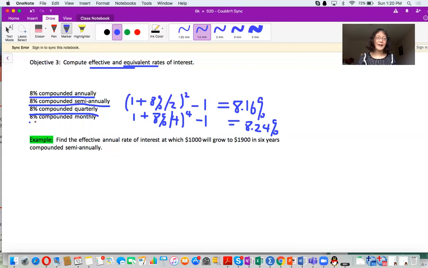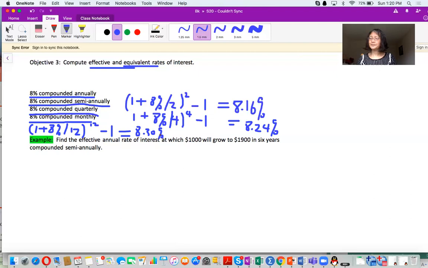Last one, 8% compounded monthly. You have to use 8% divided by 12, and a year has 12 months, so raised to power 12. The result minus 1, and you get 8.3%, or 8.30%.